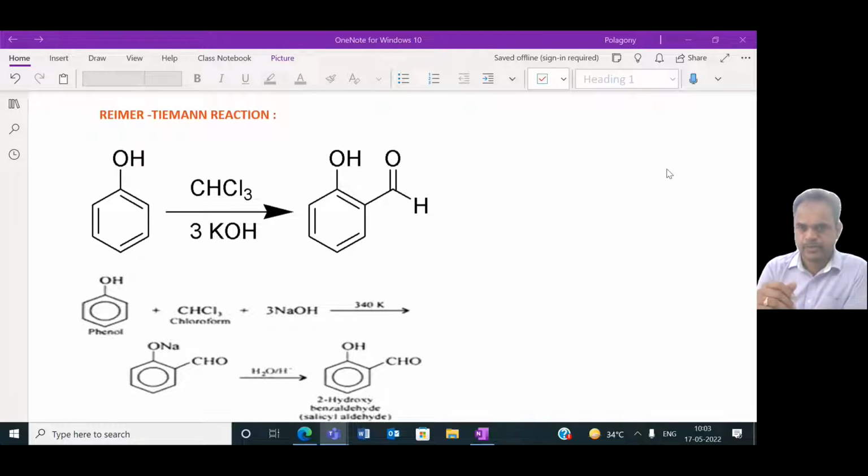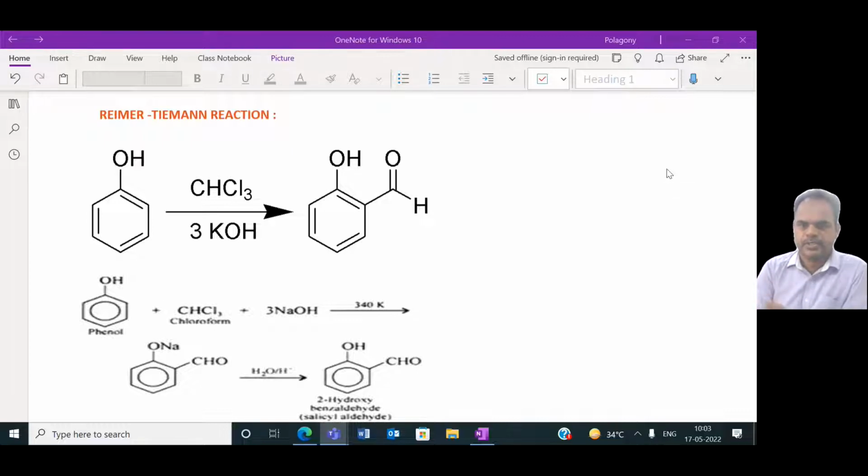Salicylic acid is the raw material for the preparation of aspirin, which is an analgesic medicine. Hence, the Reimer-Tiemann reaction is very, very important for us to learn.